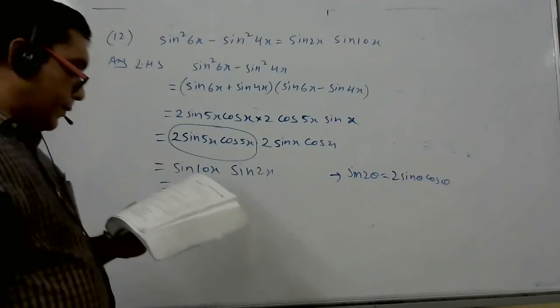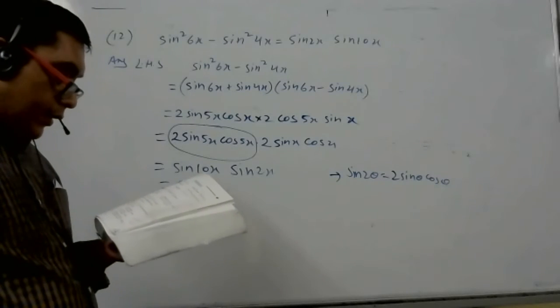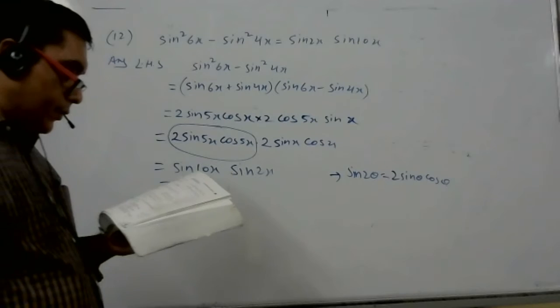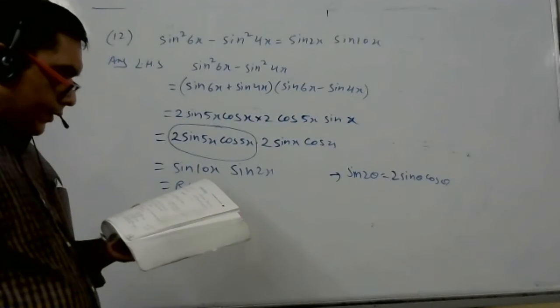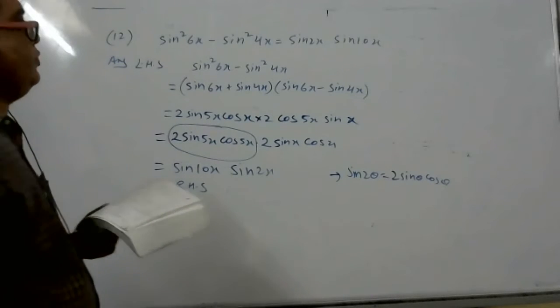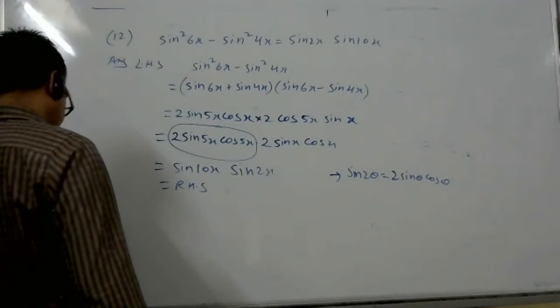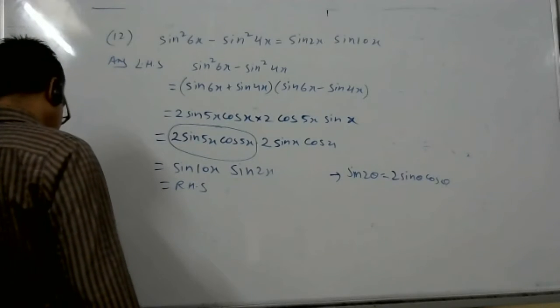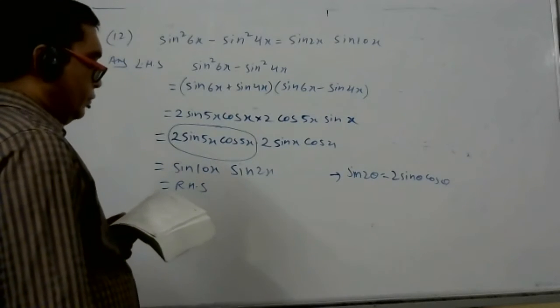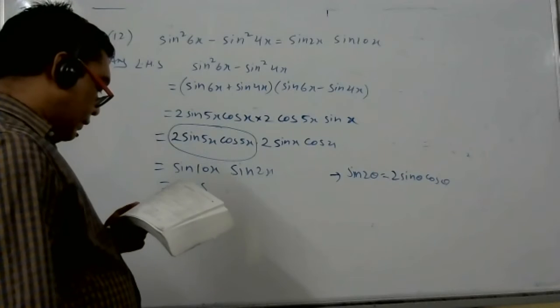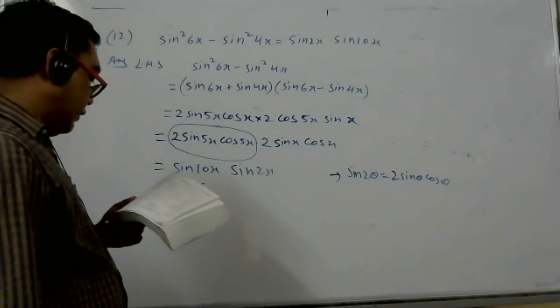Okay, next sum, tell me. Shall I do the 13th sum? Which sum should I do? Tell me, any sum, no problem. So the 23rd one. Before that, no doubt?